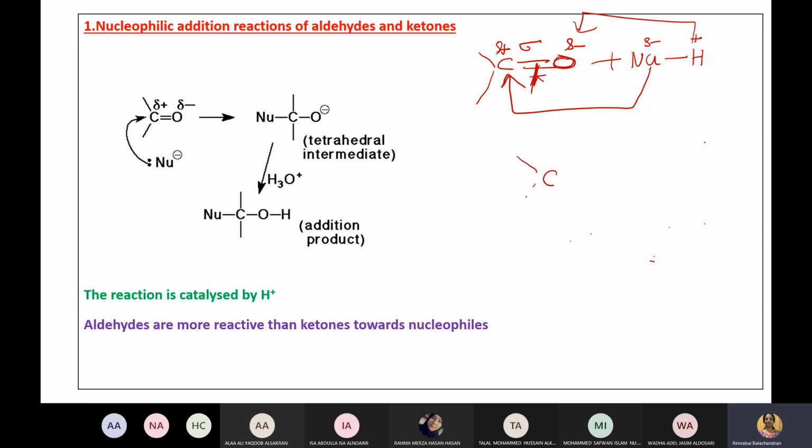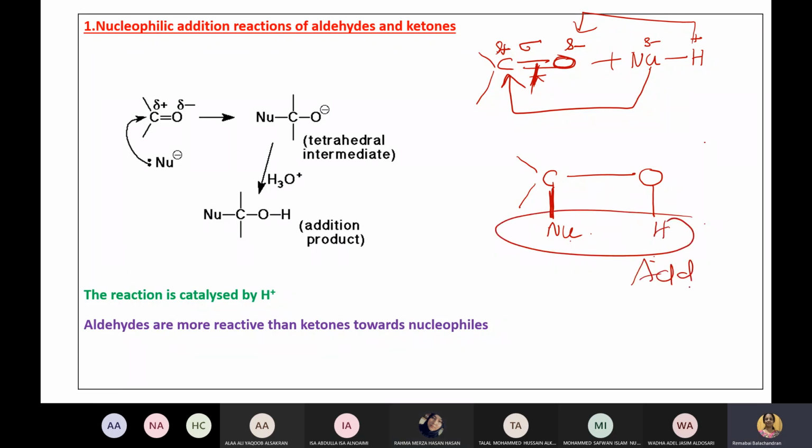So what do you get? C single bond O, and here what is coming? The nucleophile, Nu. And here, which group? H. That means we added. We didn't substitute anything. We added a nucleophile and H. So it's called nucleophilic addition reaction. This is a specialty of aldehydes and ketones. The reason is they have a polar CO group. Sigma bond is there, pi bond is there.